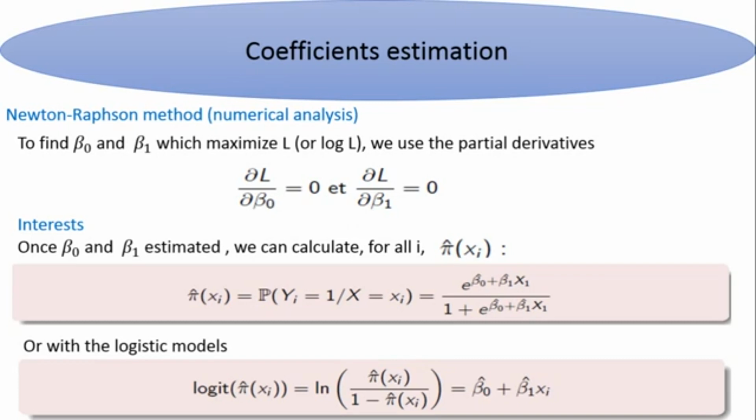Once beta 0 and beta 1 are estimated, we can calculate for all i the probability of success given the different observations. With the logistic model, we can write the logit of this probability as a combination of our estimated parameters.